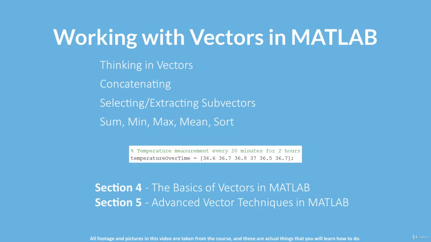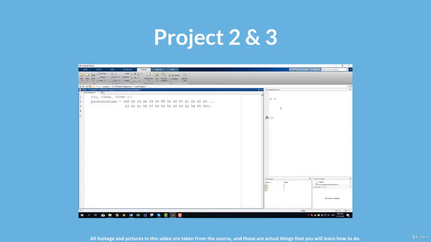You will learn how to think in vectors and perform a variety of different operations on and with vectors, concatenating vectors, extracting or selecting subvectors, and more. There are two sections on vectors, and both of them have projects.